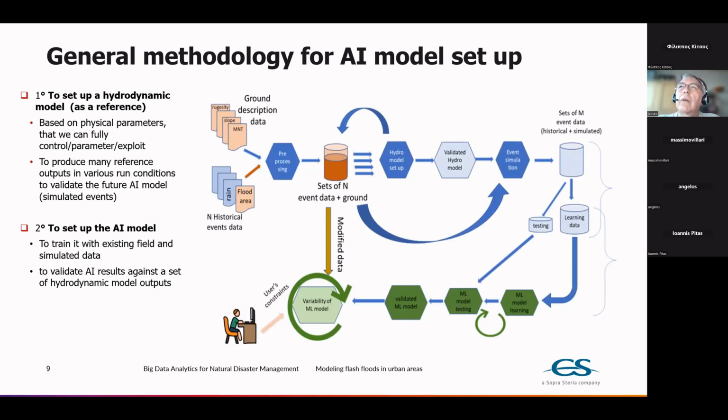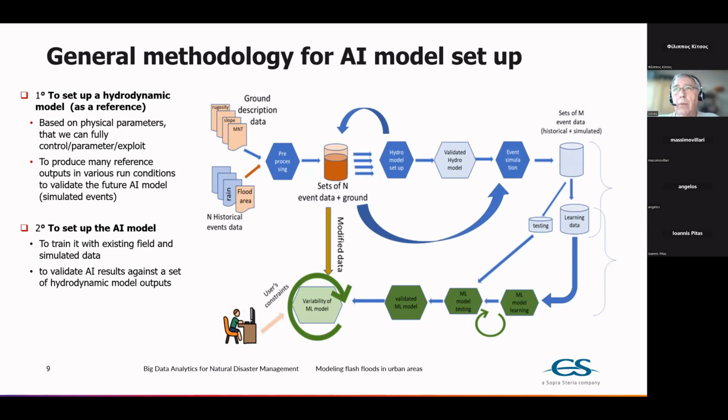Here is, I would say, the general methodology that we apply in a project to set up the AI model. There are two main phases. The first one was to build a new hydrodynamic model. Why build a new one, because there is already one existing for the city?